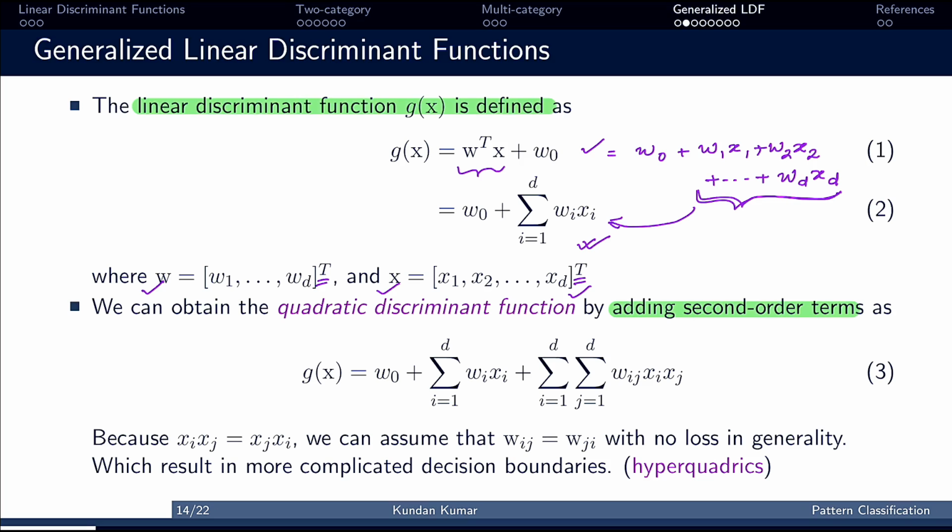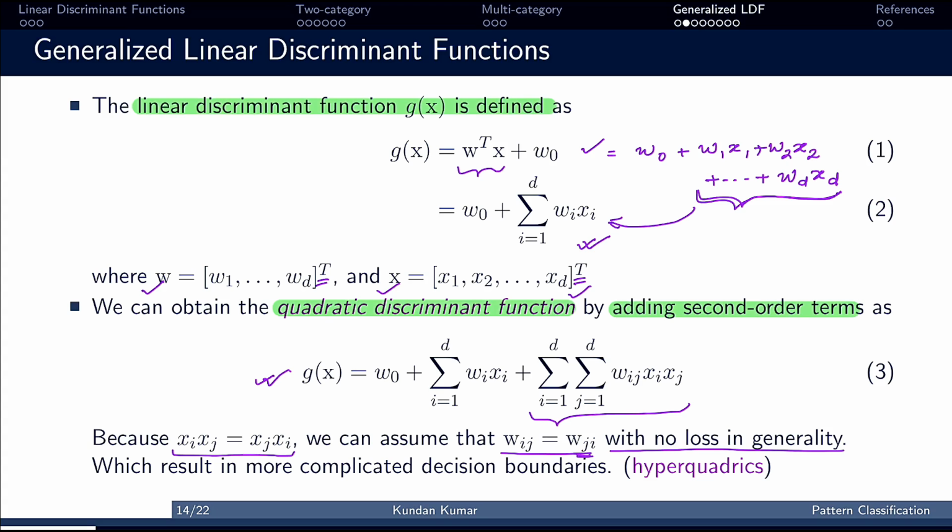If we add the second order term, then the discriminant function will become a quadratic discriminant function. Here we can say that xi into xj is equal to xj into xi. If it holds, then with no loss of generality, we can say that the weight wij is same as the weight wji. That means it is kind of symmetry.